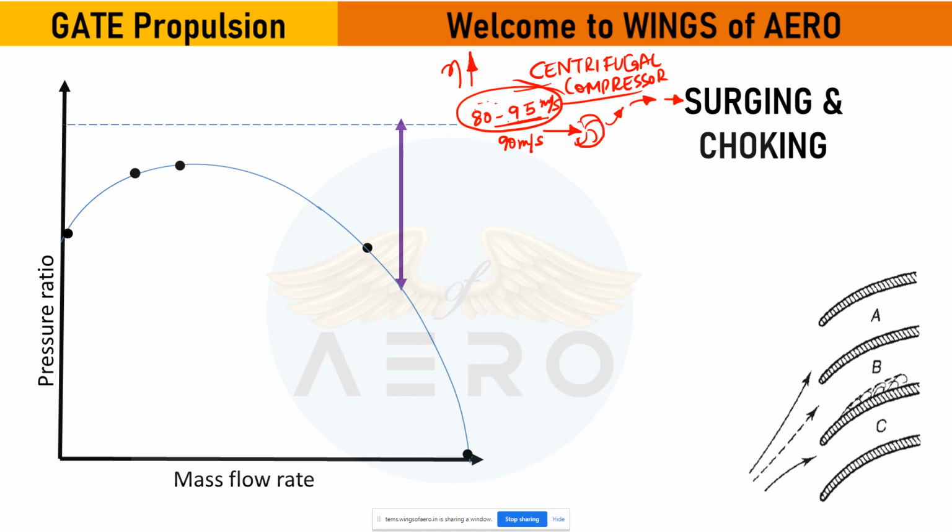Now these flows are expelling out from the diffuser, right? It should not have any sort of reverse flow direction, because reverse flow is an important thing. Yes, please. 80 to 95 meter per second, and in the standard case they consider 90. I didn't get what type of velocity that is.